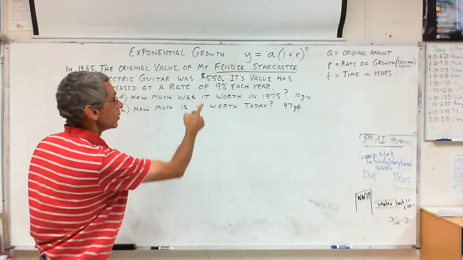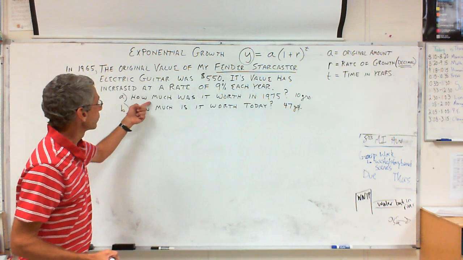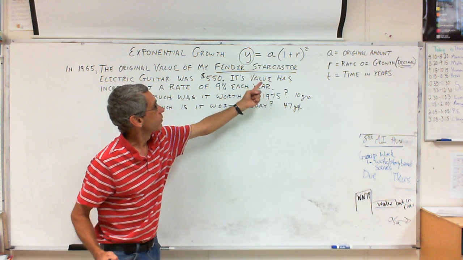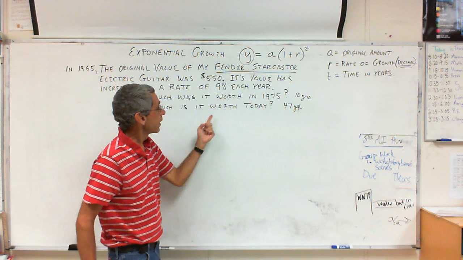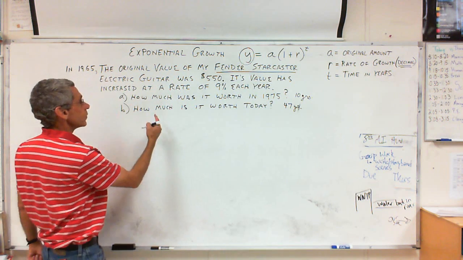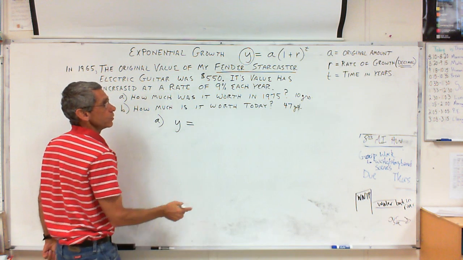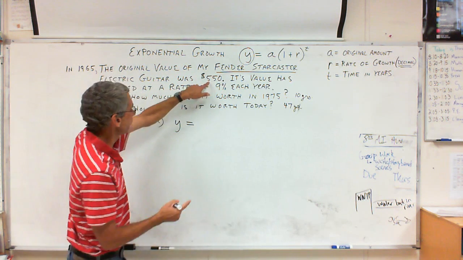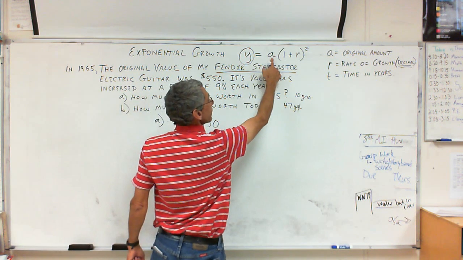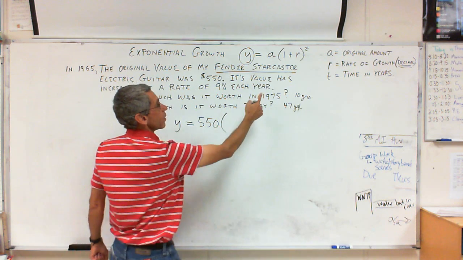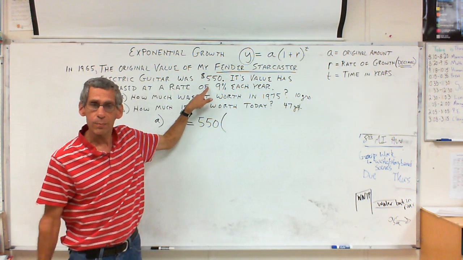So let's try it. We're going to use our formula. They're asking us to find Y. How much was it worth in 1975? You take the original amount times all this stuff, and it will give you what it's worth then, and also what it's worth today. So first we're going to do A. Y is equal to, my original amount is $550. That's my A. Now my parenthesis: 1 plus R. My rate of growth is 9%.